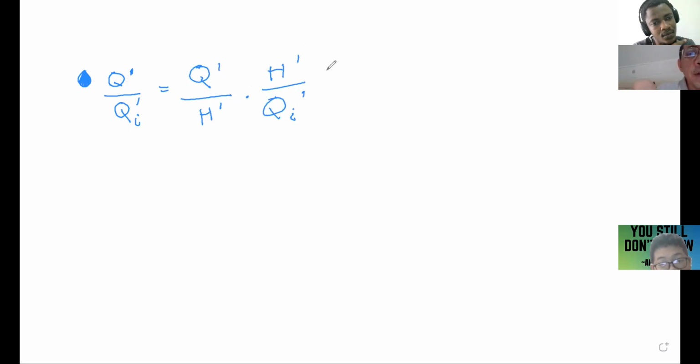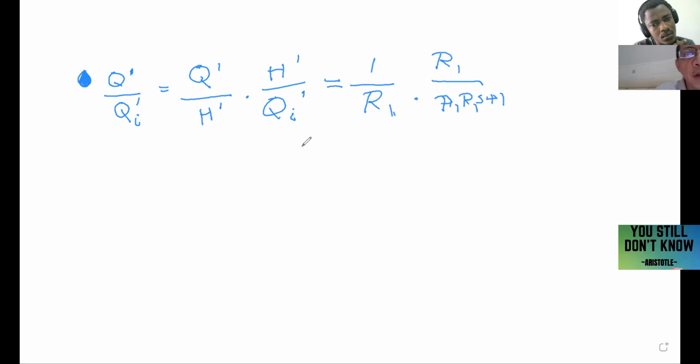This one is equal to Q1 over H1. If you look at the equation, then it will be equal to 1 over R1, right? And the H1 is R1 over A1 R1 s plus 1.